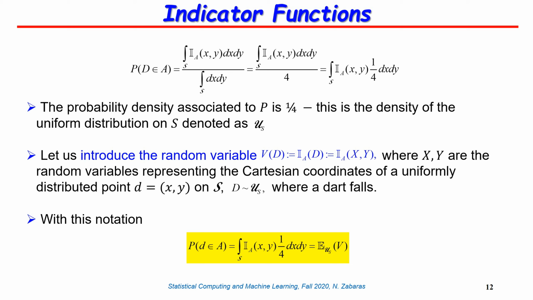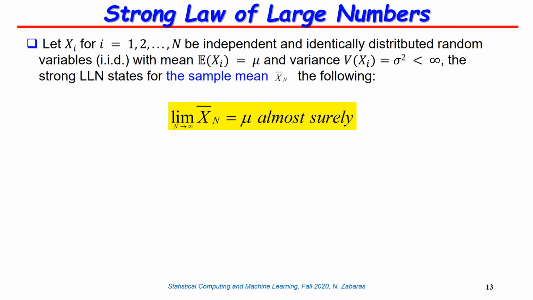We will see this again in a slide or two, but before that, let me remind you, for those who forgot, of the strong law of large numbers. If you draw samples xi from some distribution that has a mean mu and a finite variance sigma squared, then the sample mean asymptotically becomes the true mean of the distribution almost surely.